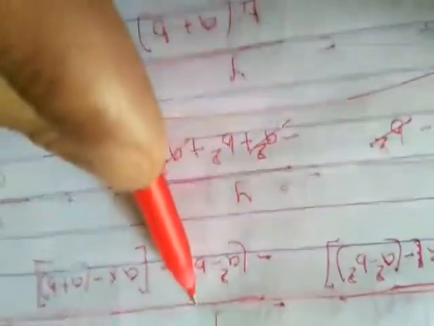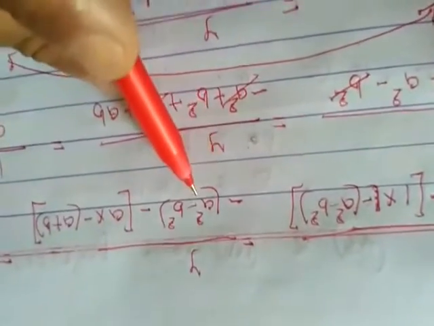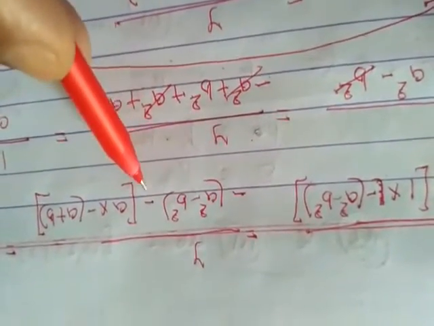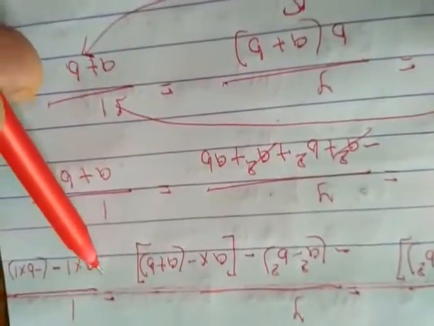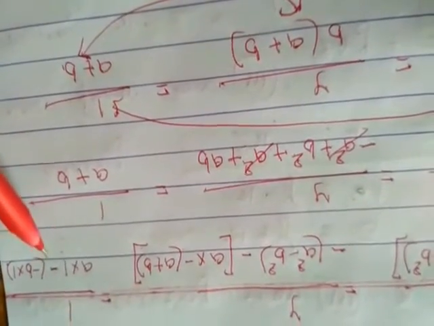Equals y by minus a square minus b square minus a into minus a plus b, and from equals to 1 by a into 1 minus minus b into 1.